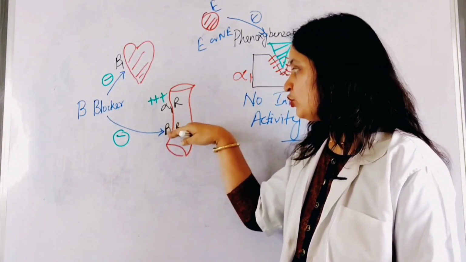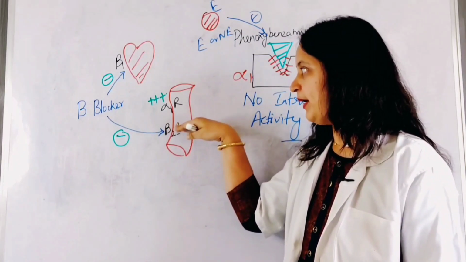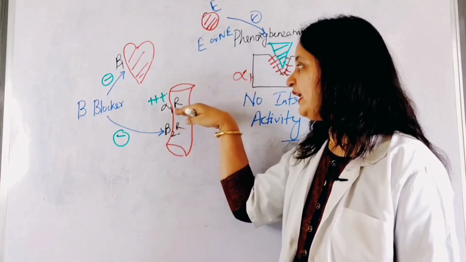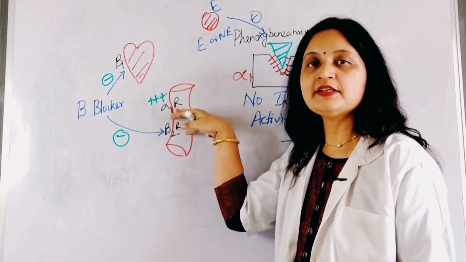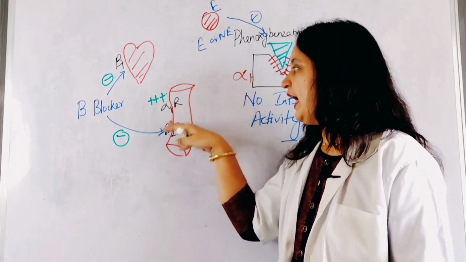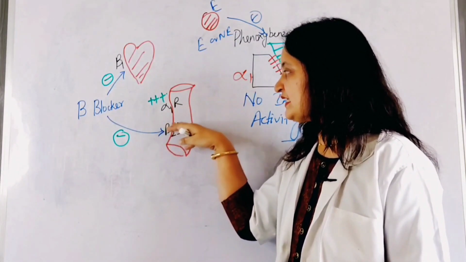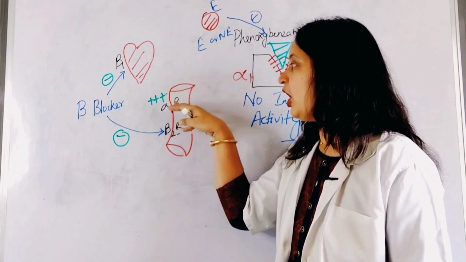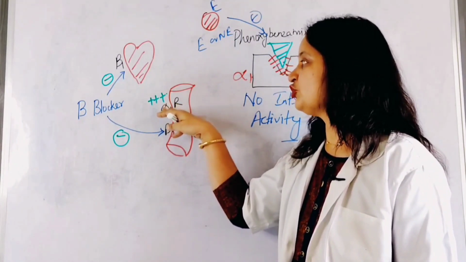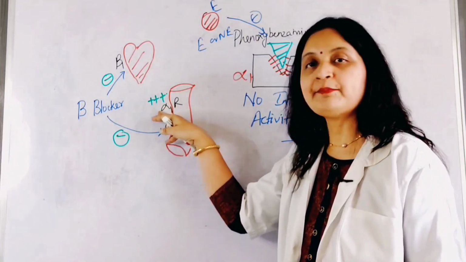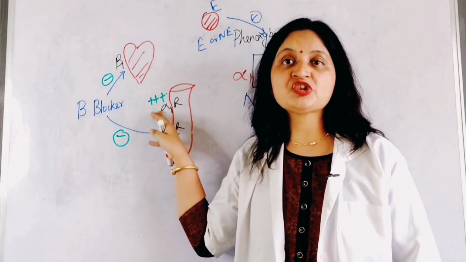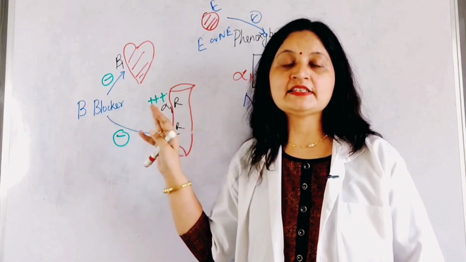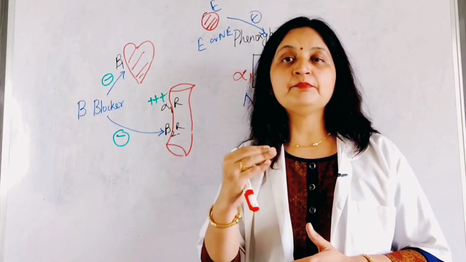So, when the beta-2 receptor is inhibited by a beta blocker, what remains is the alpha-1 receptors in the vascular smooth muscle. And when the beta-2 receptor is inhibited, there is unopposed or excessive stimulation of the alpha-1 receptors, causing vasoconstriction, rise in peripheral vascular resistance, and rise in blood pressure.